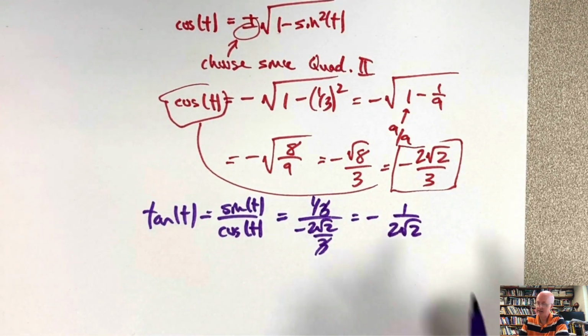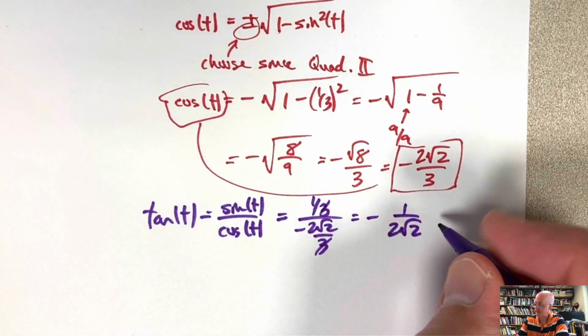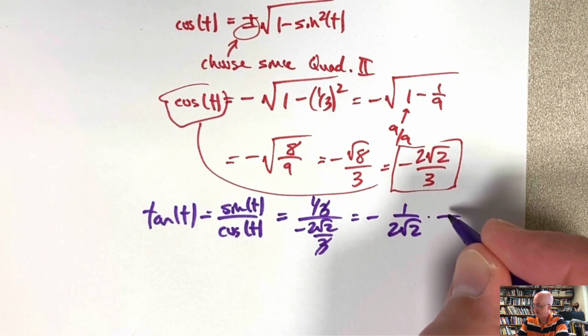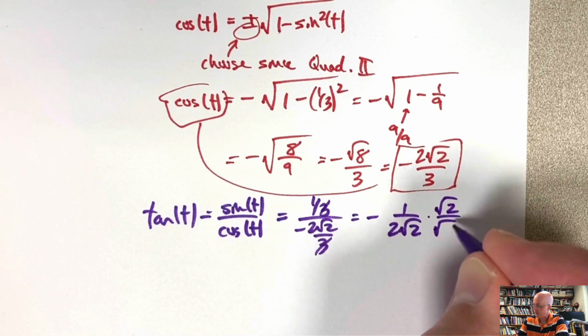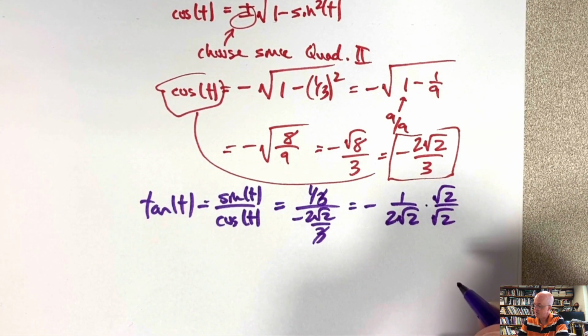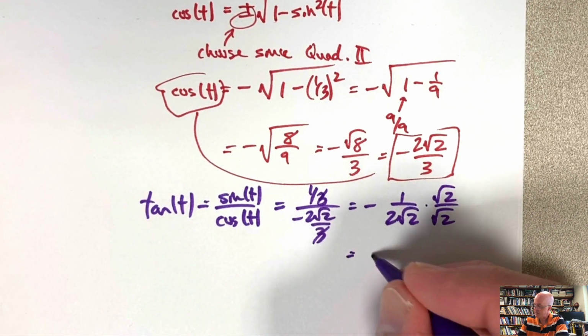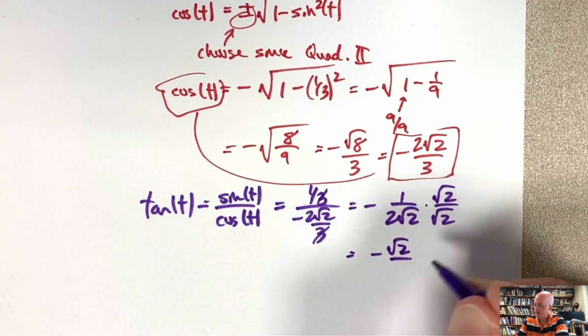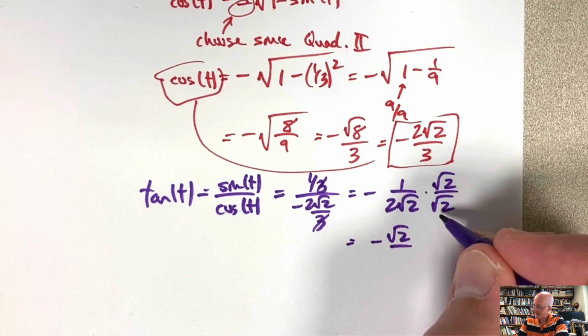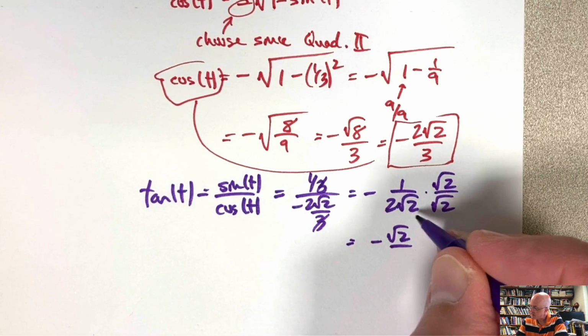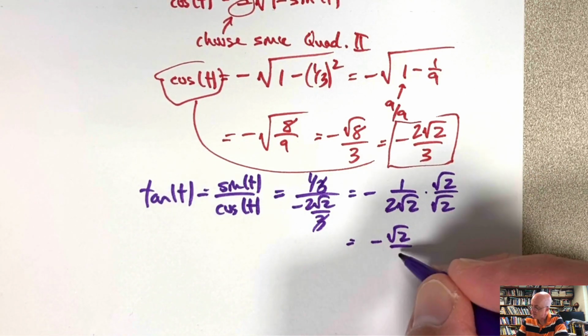You may have a teacher that says they want you to rationalize the denominator, which is fine as well. It doesn't matter. So you'd multiply both the top and the bottom by square root of 2 if you do that. And you get negative square root of 2 over, go ahead and multiply that out. Square root of 2 times square root of 2 is going to be 2. 2 times 2 is 4.